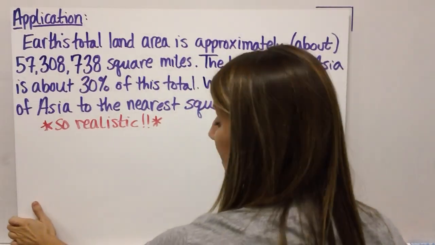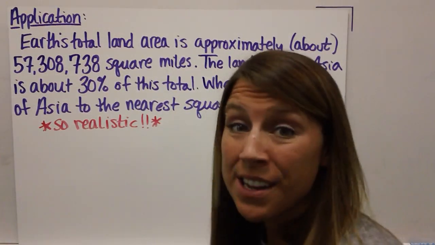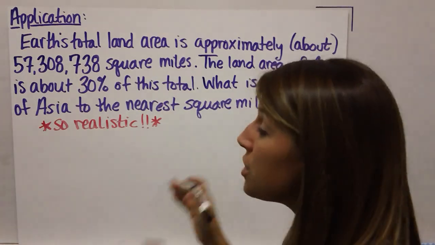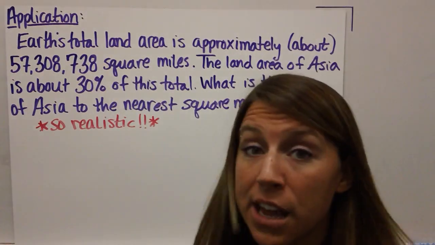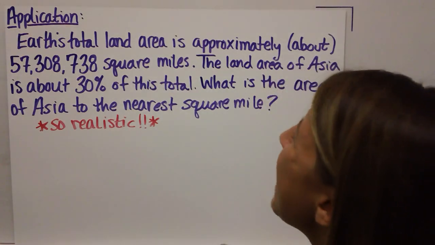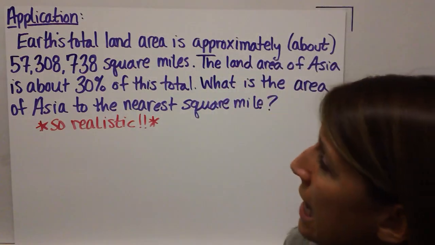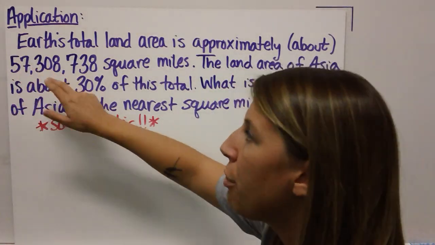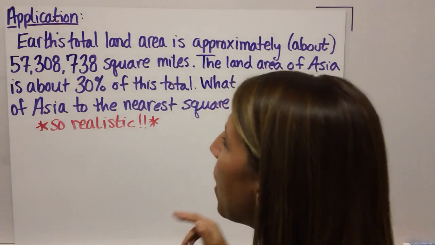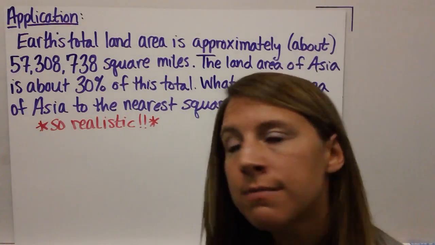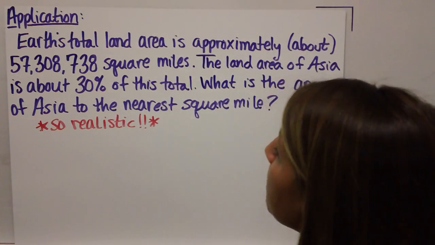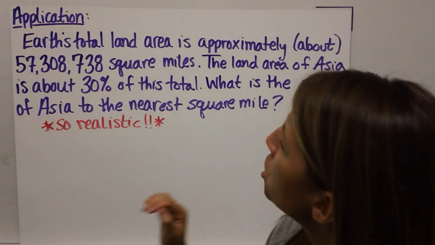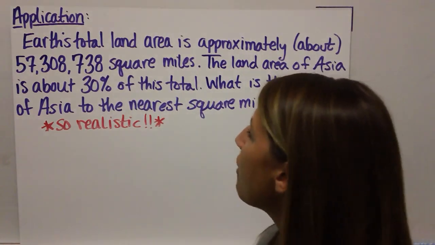So let's see how this applies to us in our real world. This is a geography application, one that I happen to like. So let's think through it together. Earth's total land area is approximately 57,308,738 square miles. The land area of Asia is about 30% of this total. What is the area of Asia?